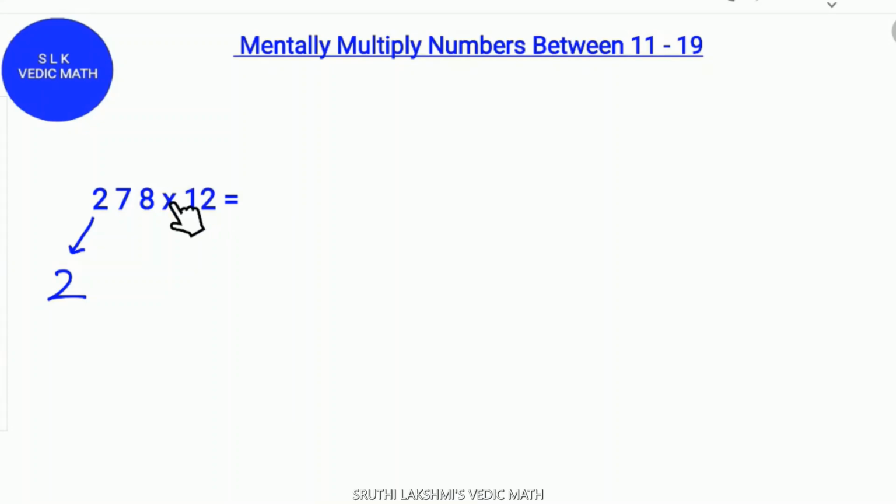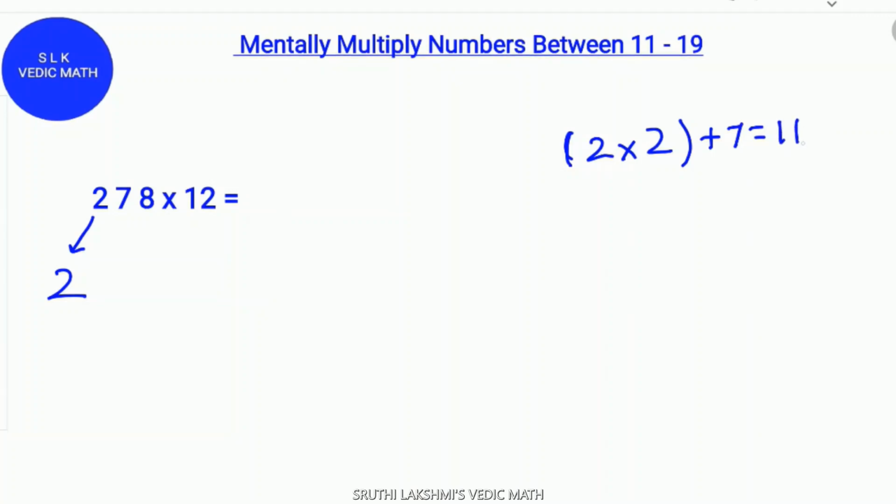Because the number 12 has a 2 and we take that 2 from 12. So 2 times 2 plus the next digit 7. 2 times 2 is 4 and 4 plus 7 is 11. Since there are 2 digits, we carry 1 and write the other one down.